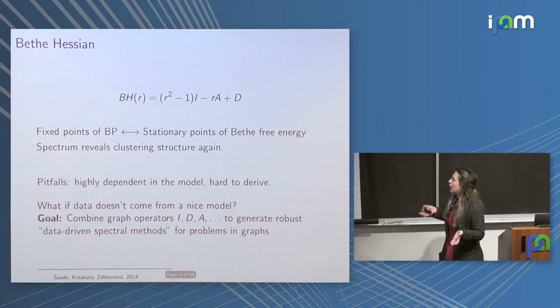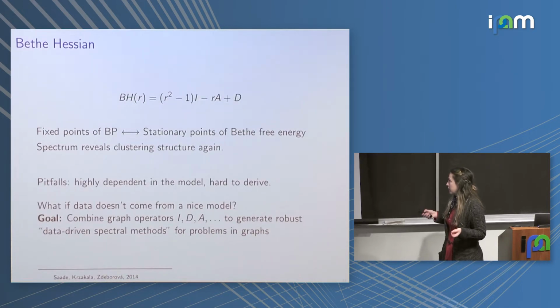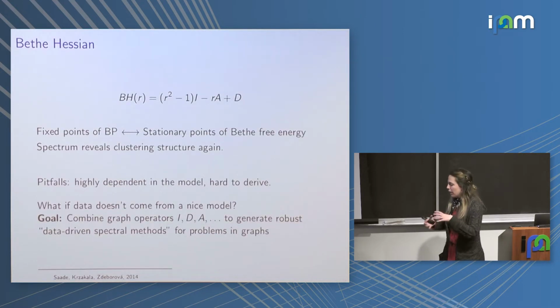They also realized that this is a matrix indexed on the edges of your graph, and you can reduce it to the Bethe Hessian, which has the same dimension as your graph. That is a linear combination of the identity, the adjacency, and the degree for some specific parameters. If you look at the spectrum of this operator, you can recover the community structure from that.